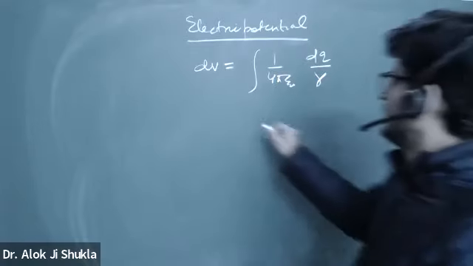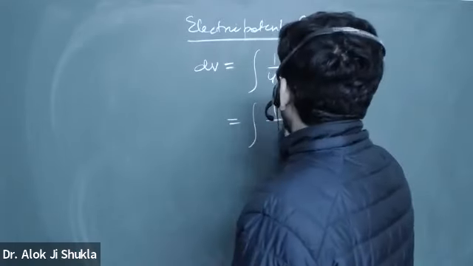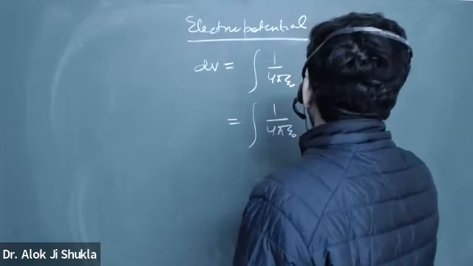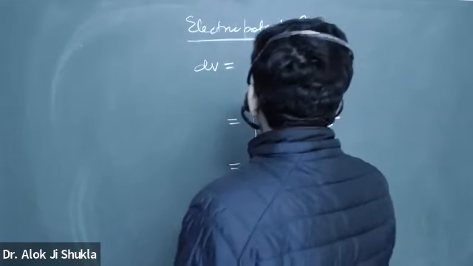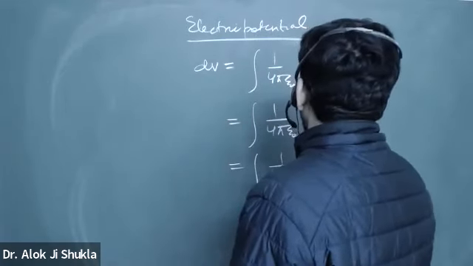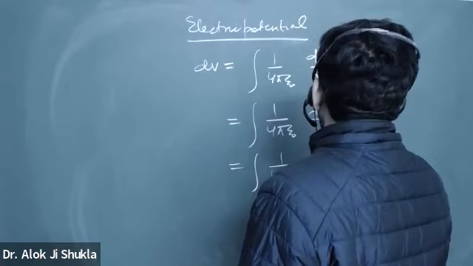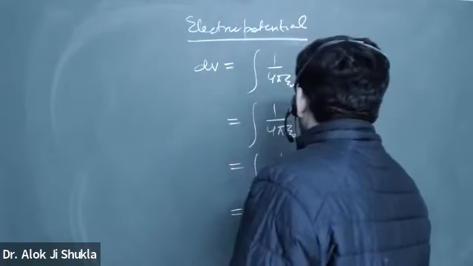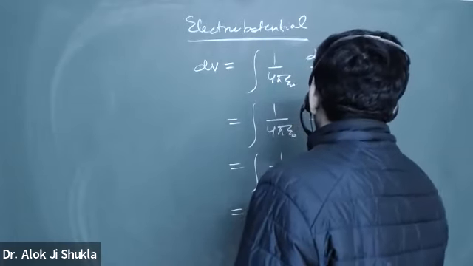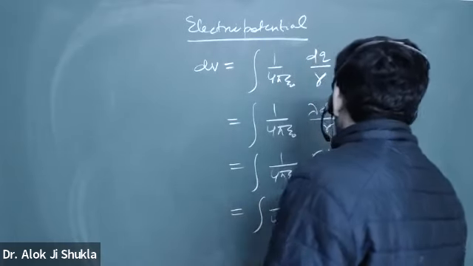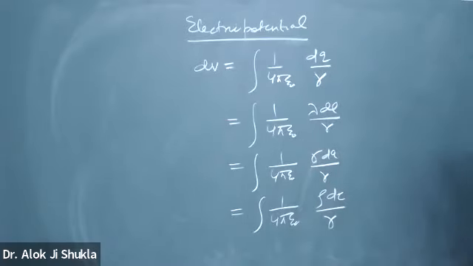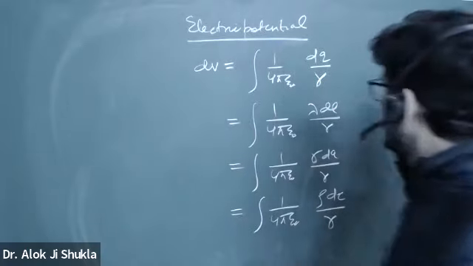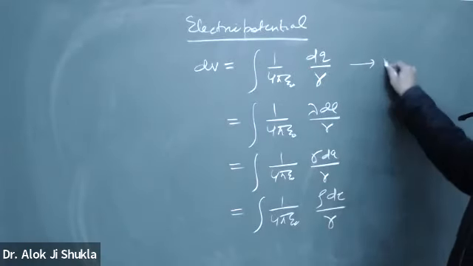And this can be written as, बोलो, integral 1 upon 4 pi epsilon naught lambda dl by r, or integral 1 by 4 pi epsilon naught sigma dA by r, and is equal to 1 by 4 pi epsilon naught rho d tau by r. So these definitions we can use for, this is for point charge.